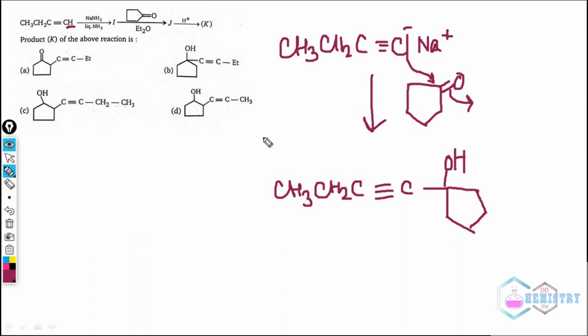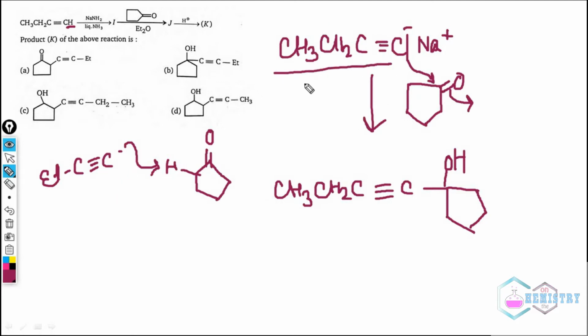Now there is also a misconception that this ethyl C≡C group will abstract the hydrogen from this area because it is acidic. But we must remember that this alkynide part is a better nucleophile than a base.